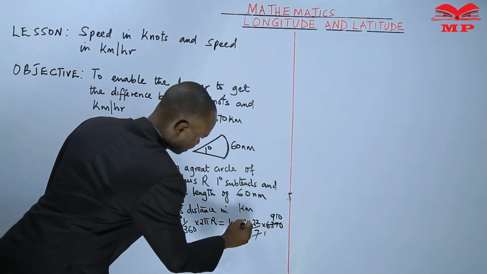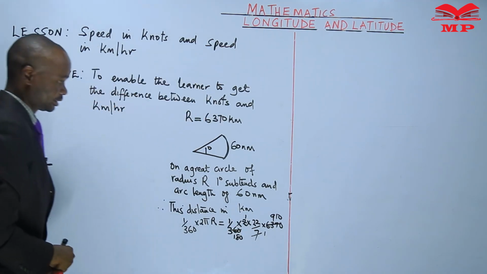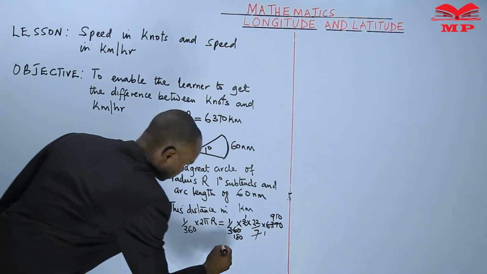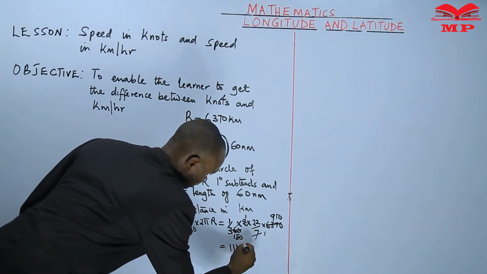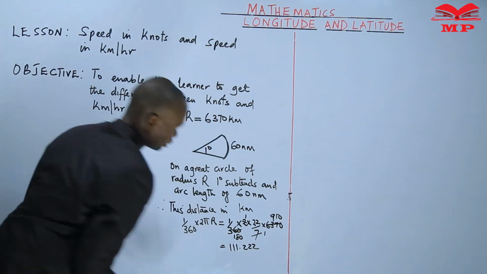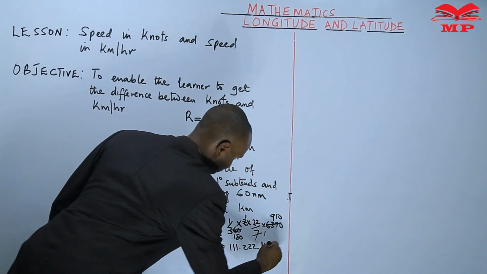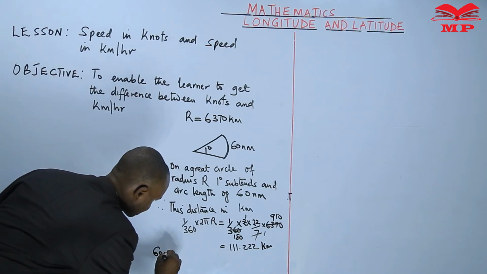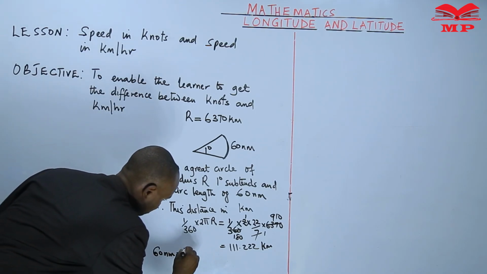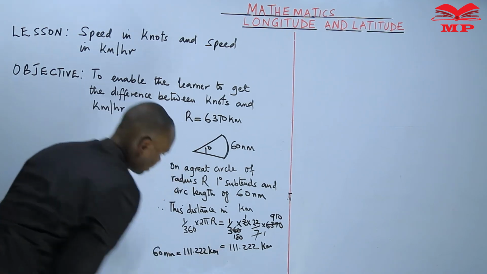If you work out that, it will give you 111.222 kilometers. So 60 nautical miles is 111.222 kilometers.